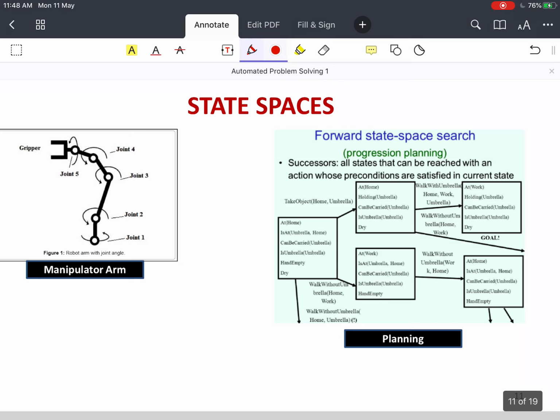Let us look at a manipulator arm. We had earlier seen the robotic arm problem. If we drill down in more detail into the robotic arm problem, we will see that the robotic arm has got these 5 joints, as we can see here. And in each of these 5 joints, there are certain moves possible. So there are moves on these joints.